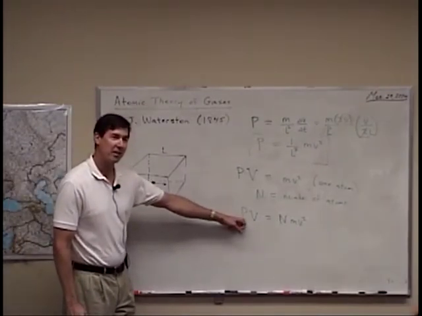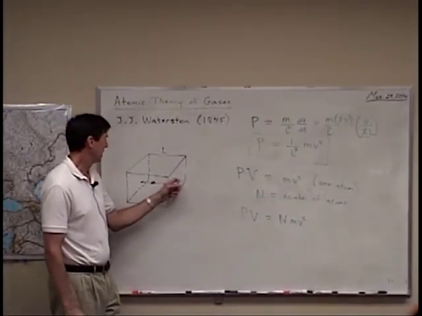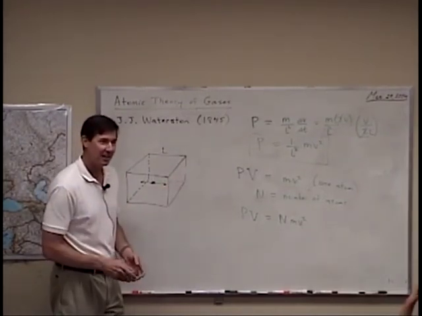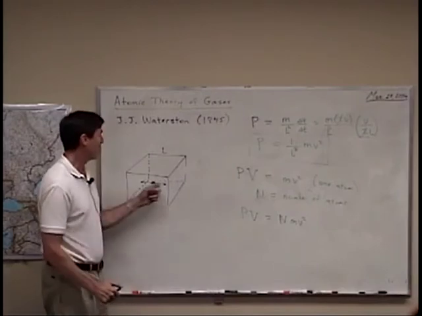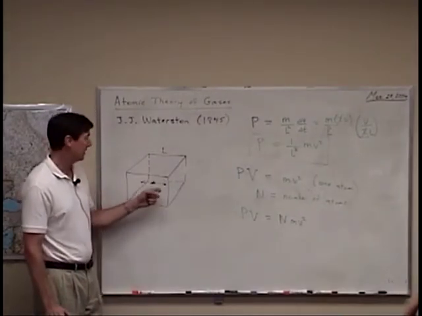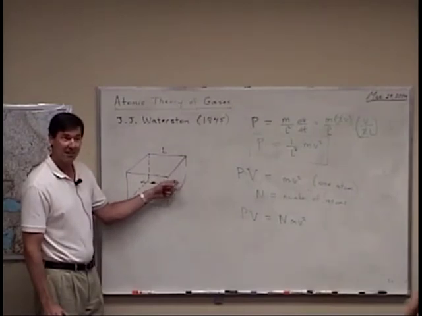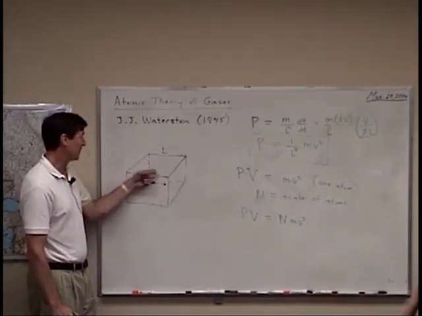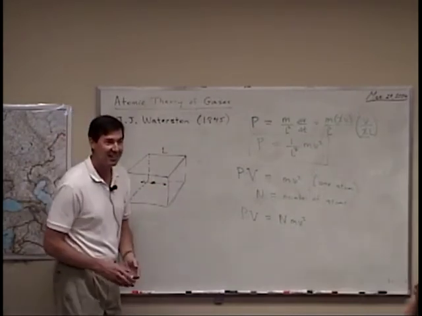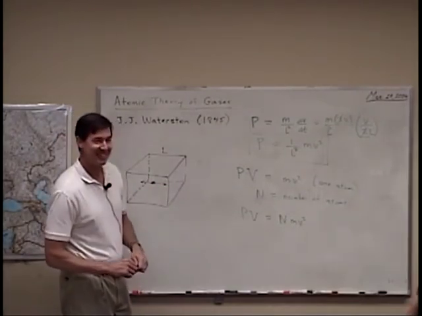Remember, this is the pressure on, say, this face, Nick. Because they're not all going to that? Right, they're not all going in this direction. The atoms that are bouncing up and down never touch this face. The atoms that are bouncing off the other two walls never touch this face. Or should it be N over 3? N over 3, exactly.